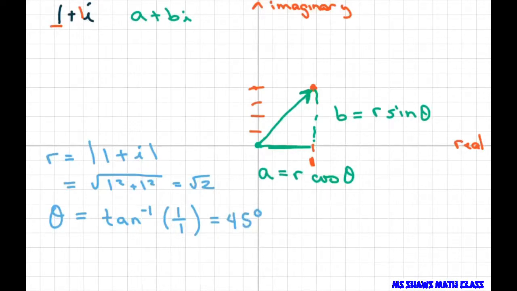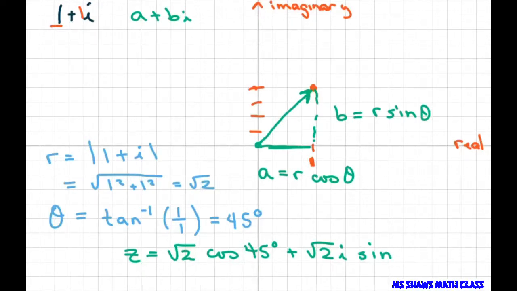So writing it in polar form, we're going to write z equals square root of 2 cosine of 45 degrees plus square root of 2 i, or you put the i in front, sine of 45 degrees.